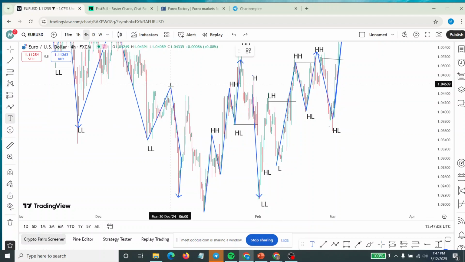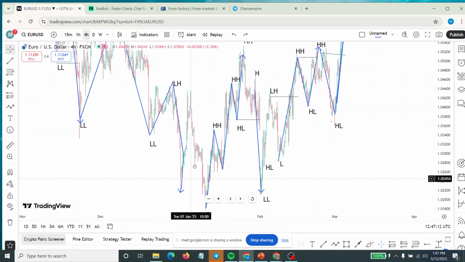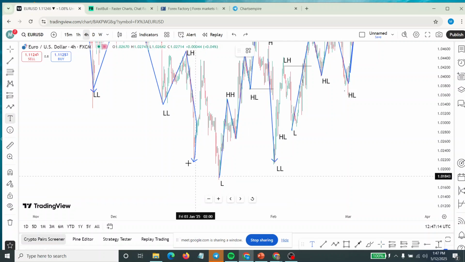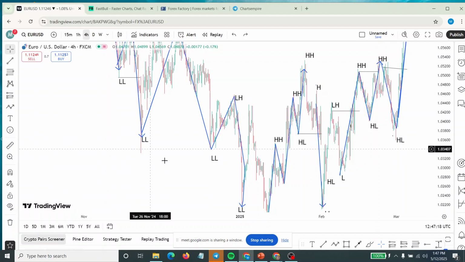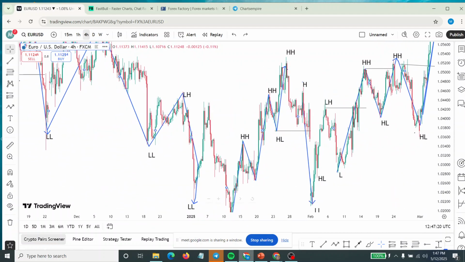We have a lower high. And we have a new lower low here. So you can see structures breaking structures.